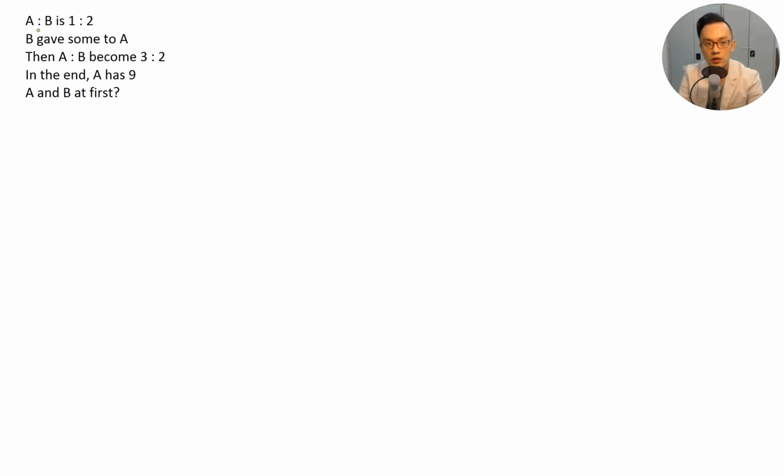Okay, let's look at this question. A is to B is 1 is to 2. B gave some to A, then A is to B became 3 is to 2. In the end, A had 9. What are A and B at first? As usual, I know that they did not transfer out, so it's A and B, and it's 1 is to 2 at first. It's 1 unit is to 2 units, and the total is 3 units.